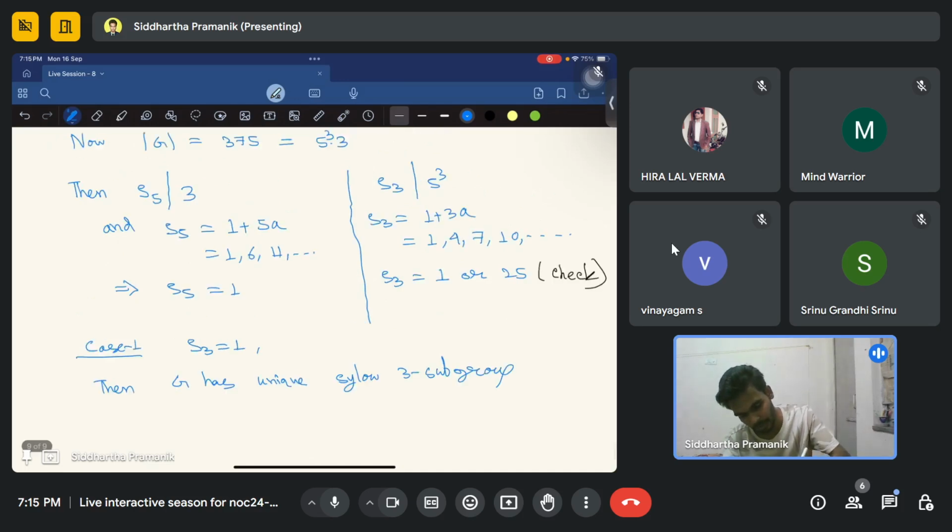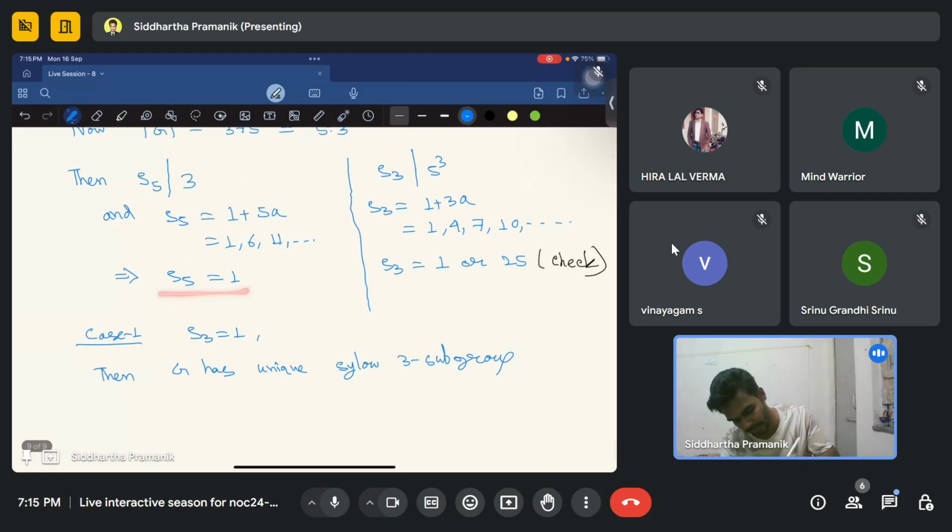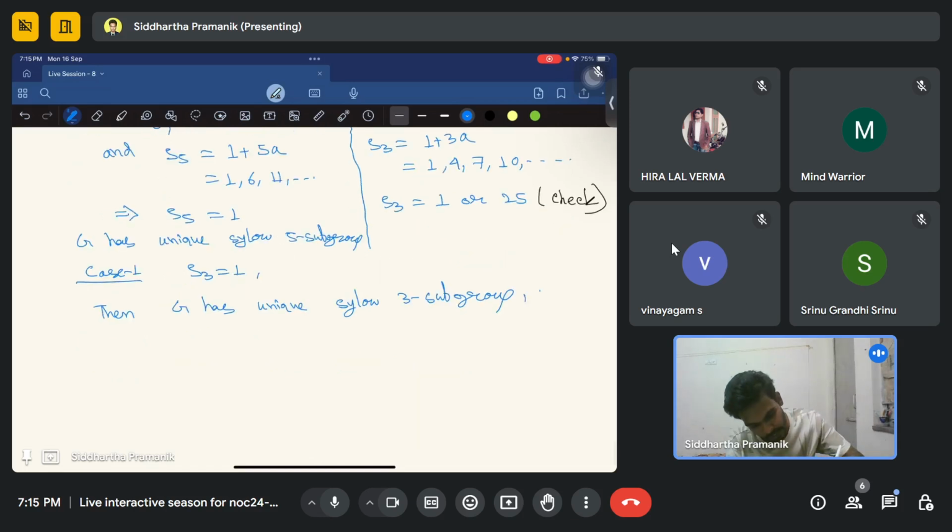And remember that S5 is 1, that means G always has a unique Sylow 5-subgroup. So let's say the Sylow 3-subgroup is H. Unique means it has to be normal, and let's say the Sylow 5-subgroup is K.